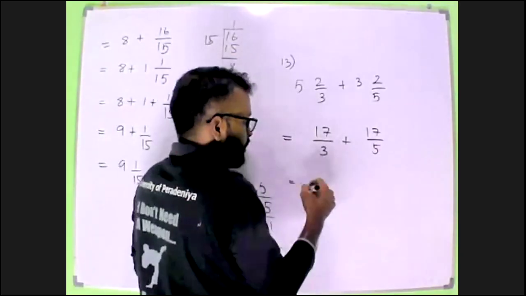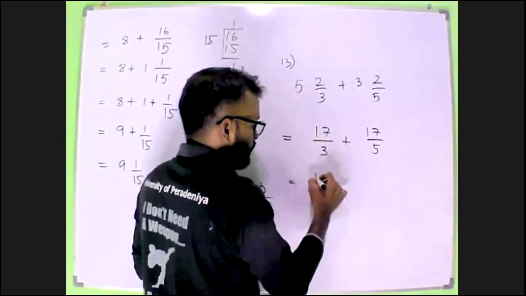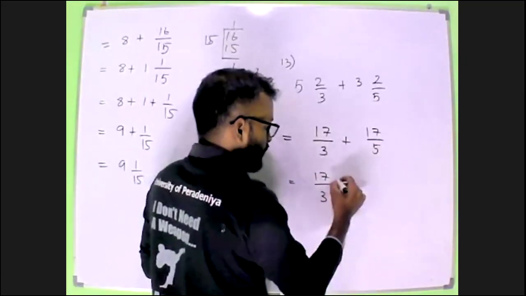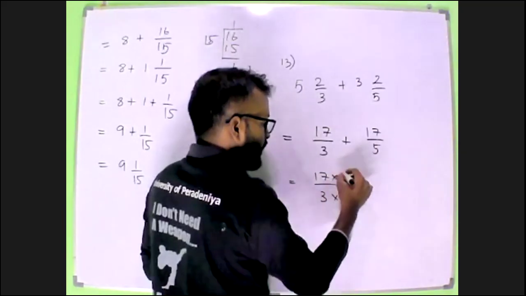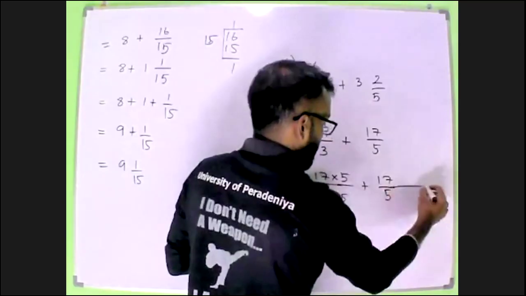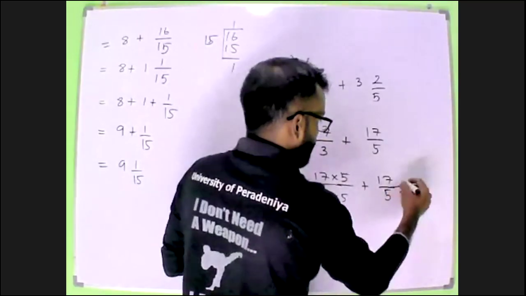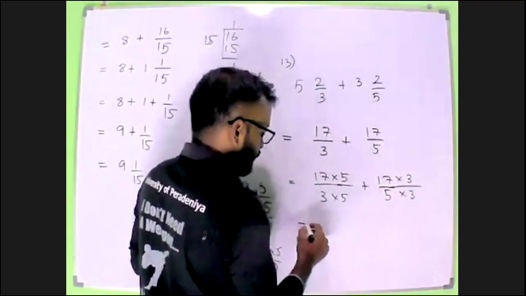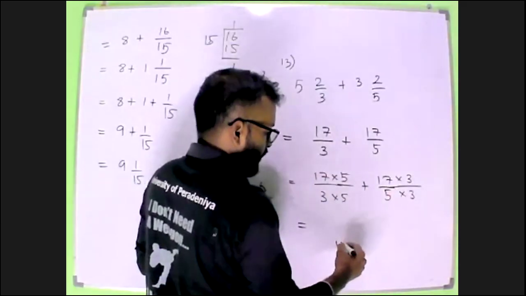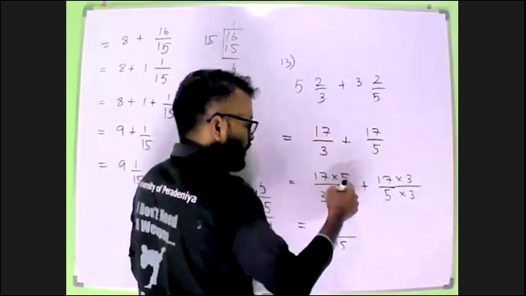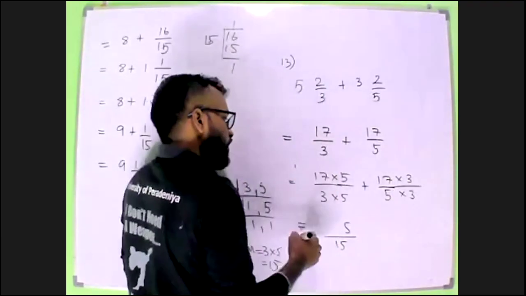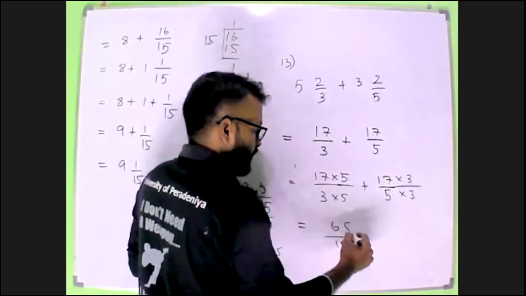So you need to multiply both the numerator and the denominator by 5. Right? 17 upon 3, multiply by 5. 17 upon 5, multiply by 3.